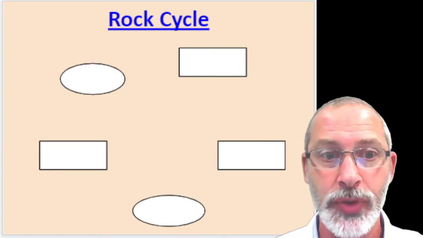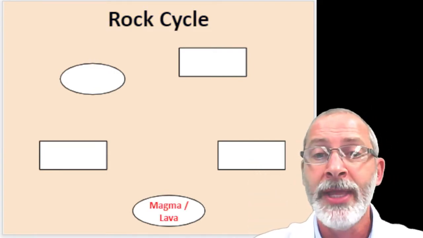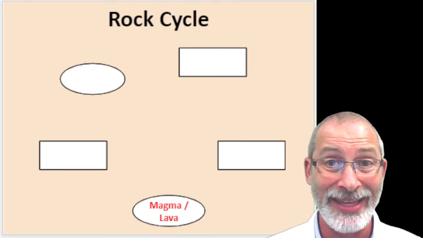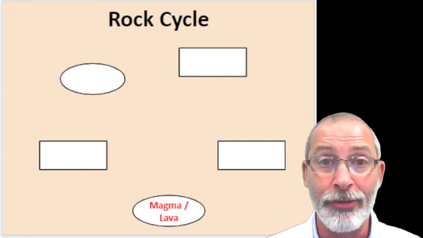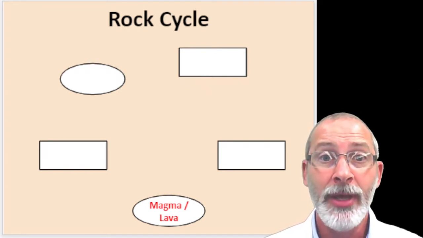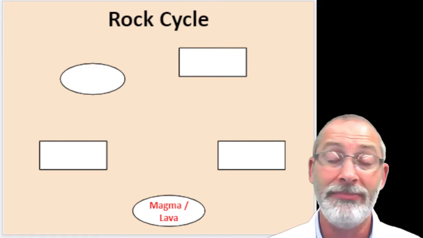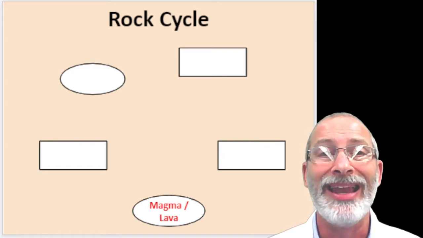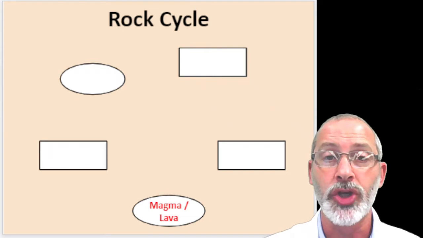It continues. But we do have to start it somewhere, so we're going to start it at what I think is a logical beginning point, and that is magma and lava. So in your diagram, if we start at the bottom of our diagram, we're going to label that circle or ellipse or whatever we'd like to call it, magma and lava. That is molten rock. That is going to be our starting point.